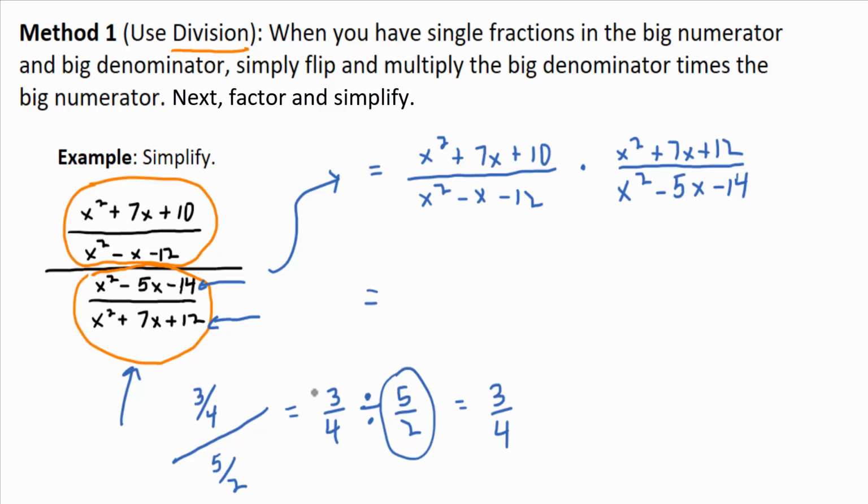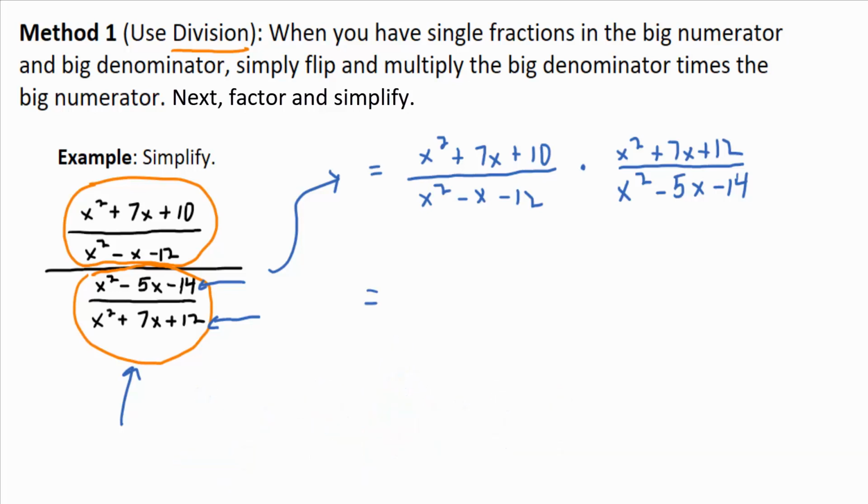You take the one in front, 3/4, you don't change it. You flip the other one and multiply. Remember that? Same thing. It's really helpful to think in terms of numbers when you get confused about what you're doing. So break it down to a similar problem with much simpler, perhaps numerical numerators and denominators. That's why we're doing that.